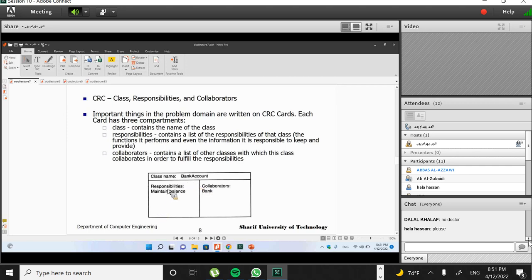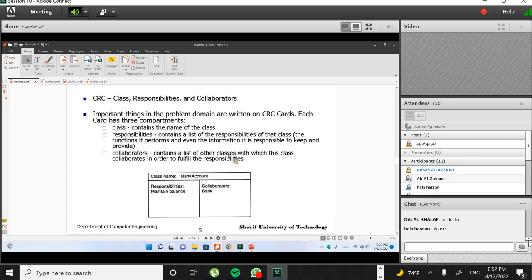The responsibility part is the second part of the CRC card, which contains a list of responsibilities of that class, the functions or services that it should perform and provide, and even the information it is responsible to keep and provide should be listed in this section of the CRC card.